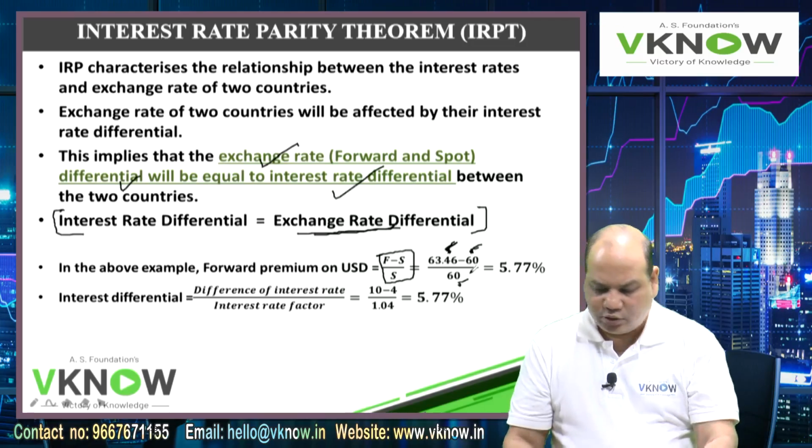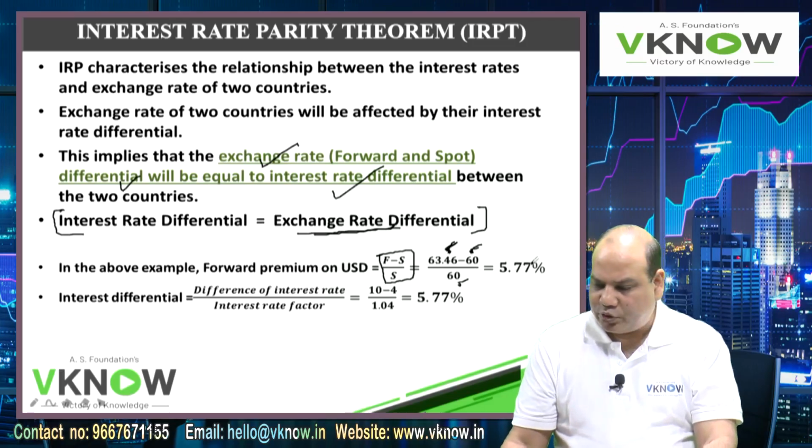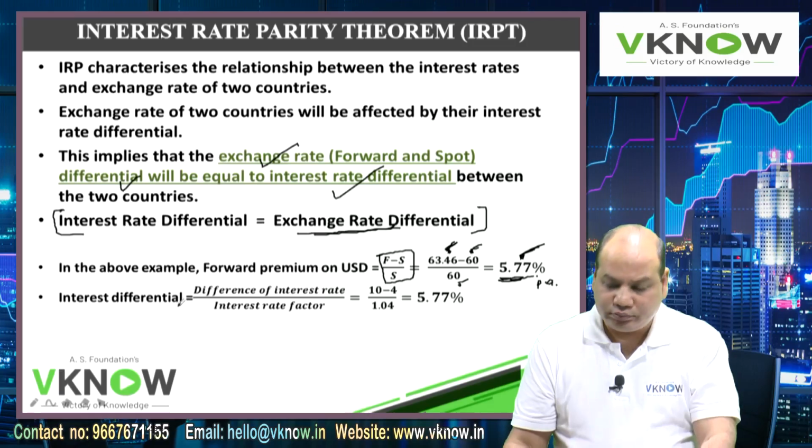So kindly take your calculator, 3.46 divided by 60. You get 5.77%. That means the forward rate is at a premium of 5.77% per annum.